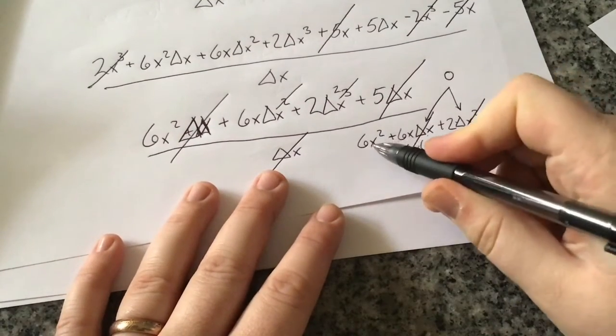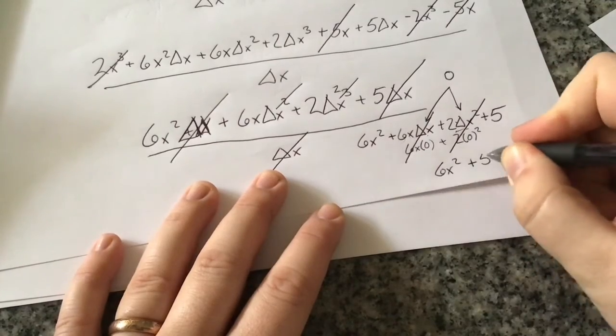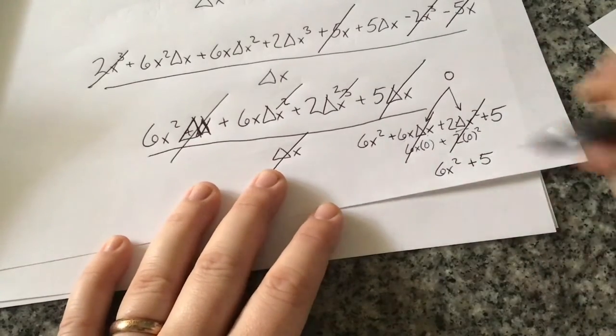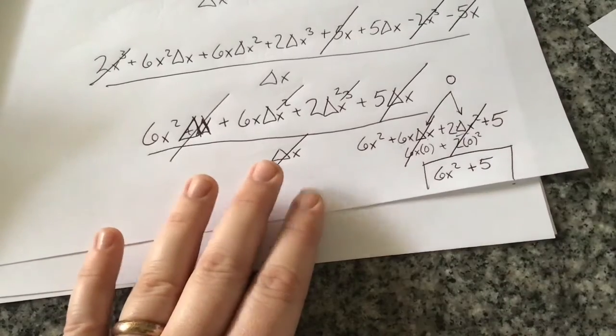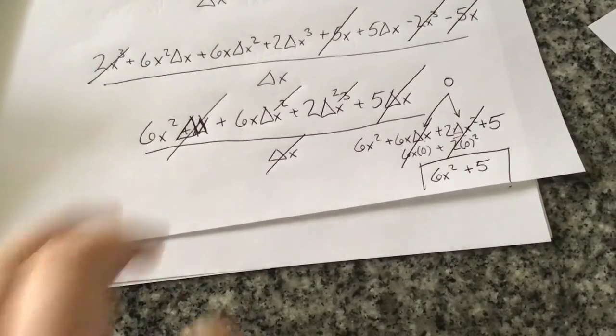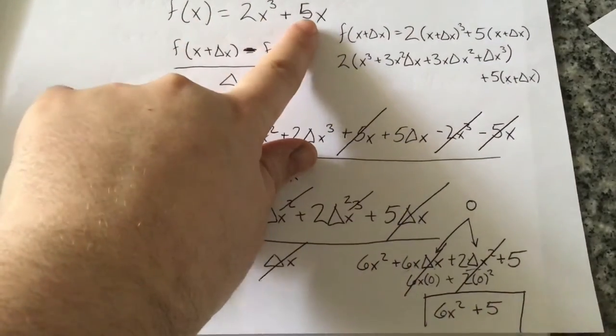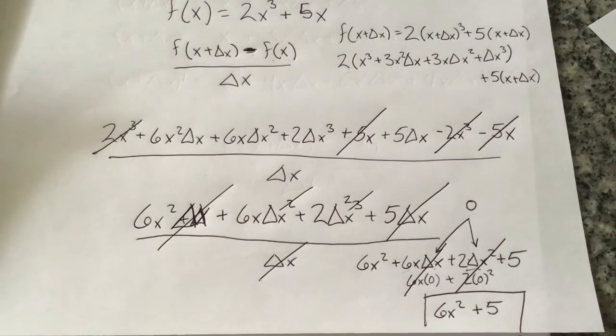That leaves us with only 6x squared plus 5 as our remaining derivative. And this, in itself, is the derivative of our original function, 2x to the third plus 5x.